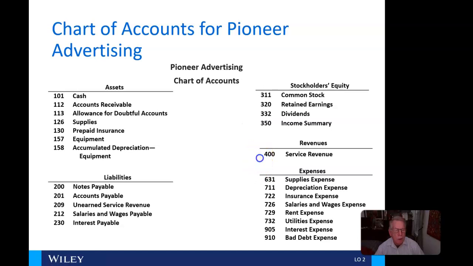Revenue has a 400 series. Oftentimes, expenses will have a 600 series. It isn't that way on this illustration, but normally the 500 series would be associated with costs, like cost of goods sold. And away we go. Now, when we do a listing of our trial balance, it's going to be listed in general ledger account number order.